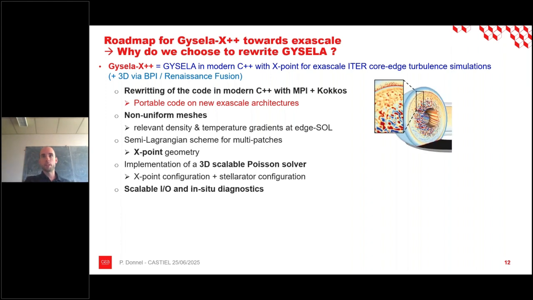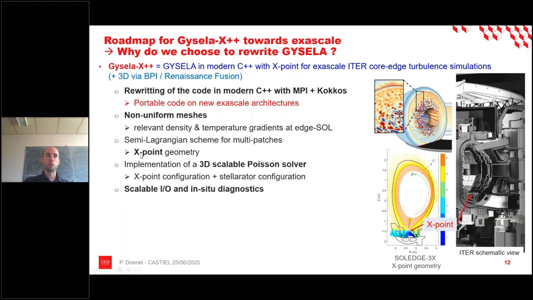Then we need to describe what we call X-points. It's a particular place in the magnetic topology where the poloidal magnetic field goes to 0. And because of this specific magnetic topology, it's actually quite hard to describe numerically these X-points. So there is a development dedicated to describing the plasma around these X-points.